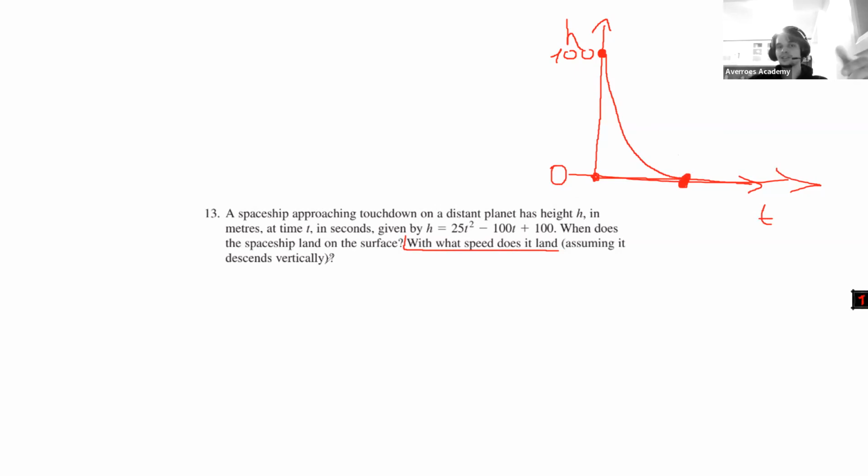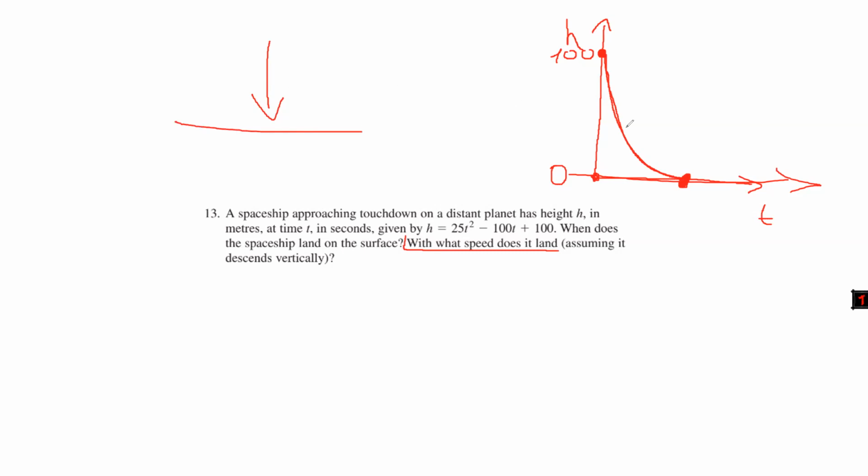And we're assuming it descends vertically. So even though the graph for height is like this, the movement of the ship is strictly perpendicular to the ground. So the instantaneous rate of change on the graph is going to be equal to this vertical component.